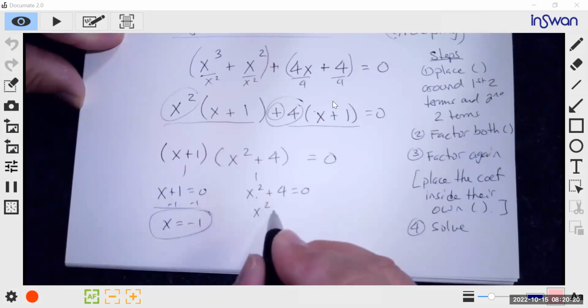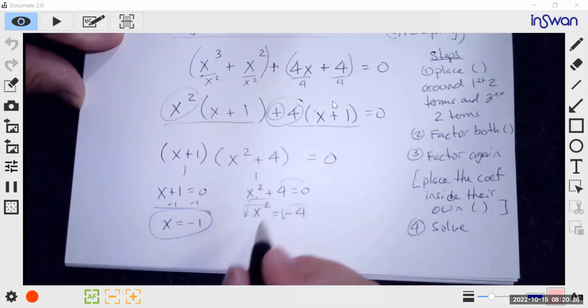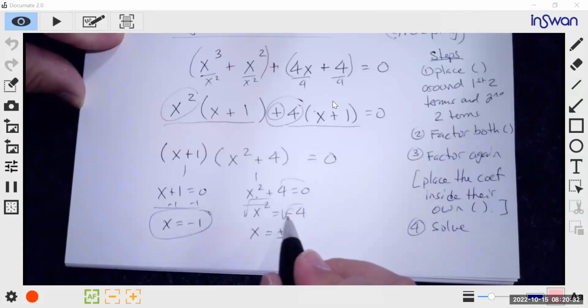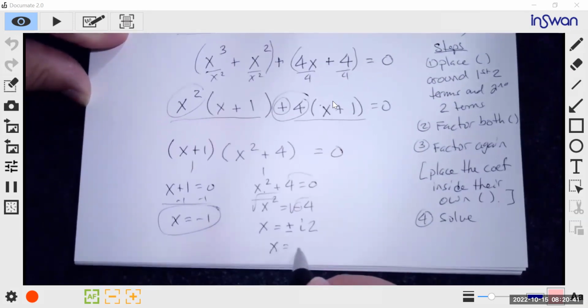So x squared, move the 4 to that side, equals -4. Square root both sides. The square root and the square cancel. So I have to put a plus or minus over here. There's a negative inside the square root, so that's an i. Square root of 4 is 2. So the answer is plus or minus 2i.